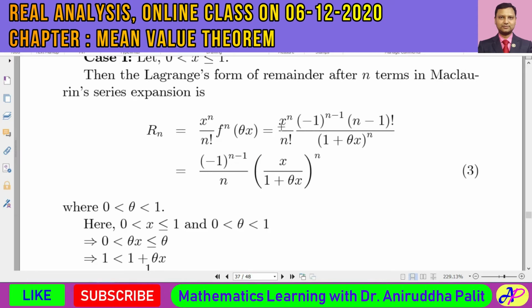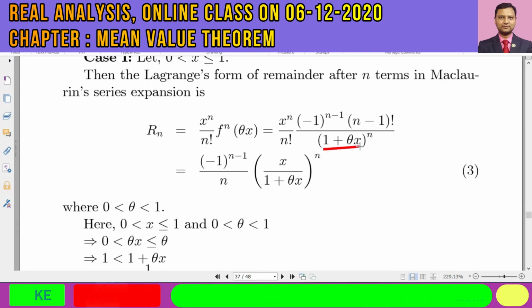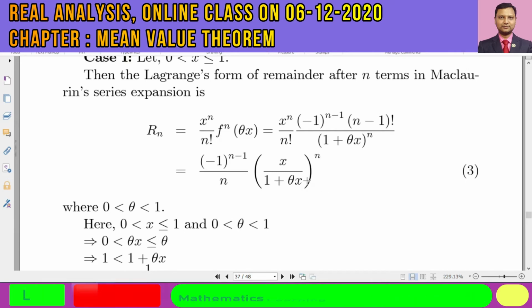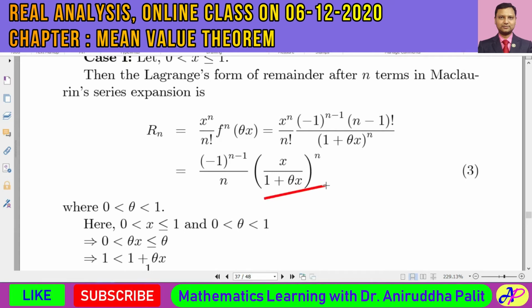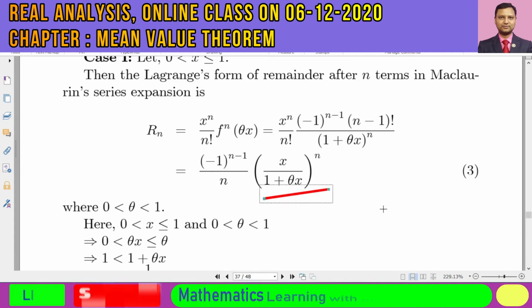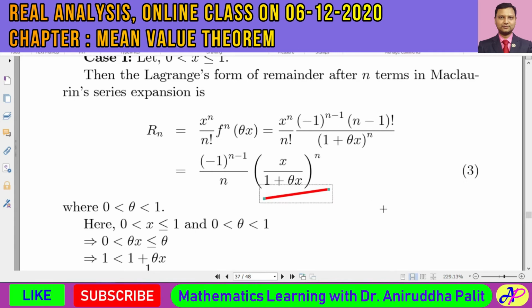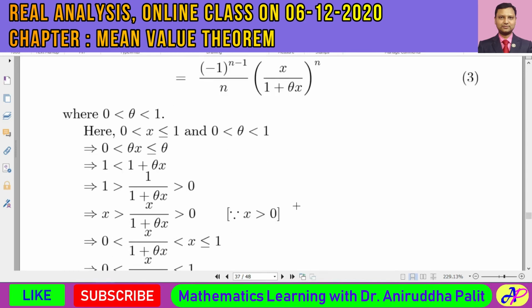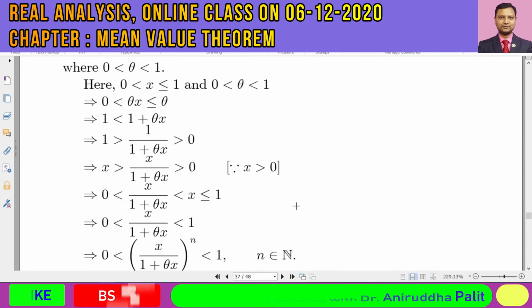Now x to the power of n divided by (1 plus theta x) to the power of n, these two quantities are combined together and they form x by (1 plus theta x) whole to the power of n. We are going to show that this second factor is tending to 0 as n tends to infinity.